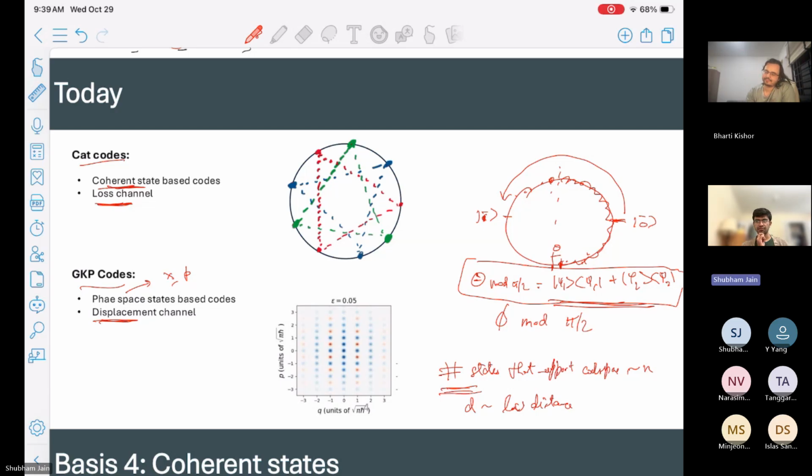And then LDPC could be defined by how many modes at a time you have to make these check measurements. I agree with that, but that also seems like a very simplistic notion of LDPC, because you're treating each mode as a single qubit, so that's the same notion of LDPC as in qubits. But you can, for example, encode a qubit in a single mode.